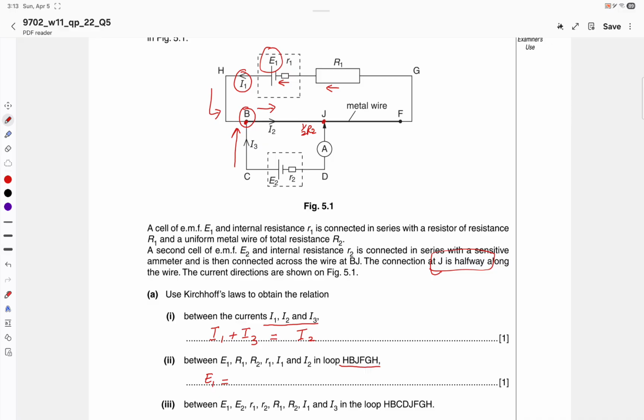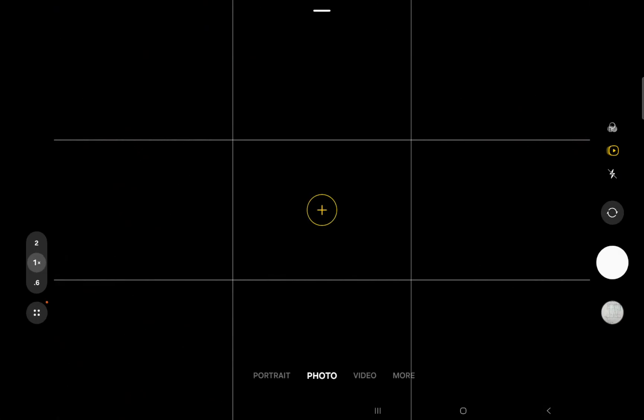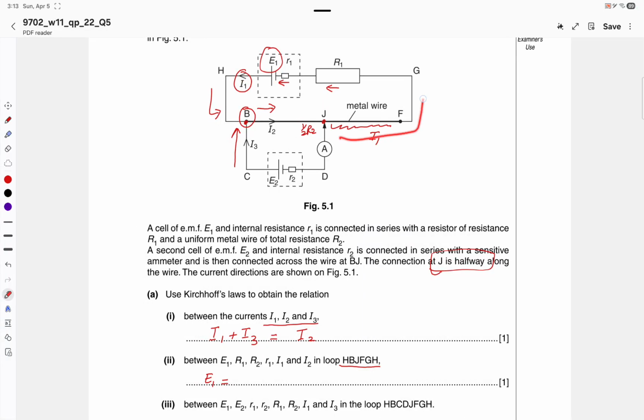I2 is only flowing through half of the metal wire, B to J, and the remaining portion of the wire must carry the current I1. Just imagine, if you ignore this portion, I1 is flowing from here. So I1 is also flowing through J to F, which is again half of R2.